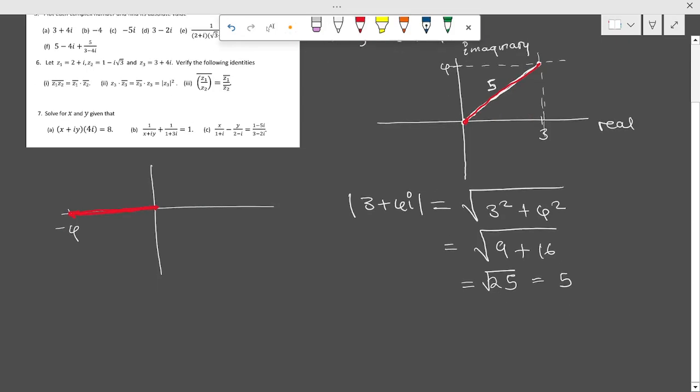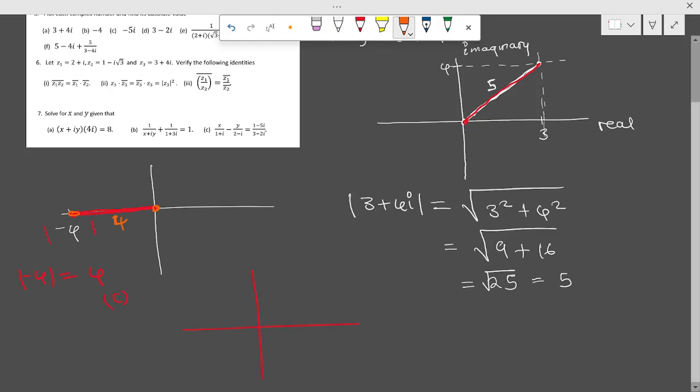And the absolute value of this one will be the absolute value of negative 4, which is equal to 4. Yeah, the absolute value of negative 4 is just equal to 4. So the distance from this point to this point is 4.